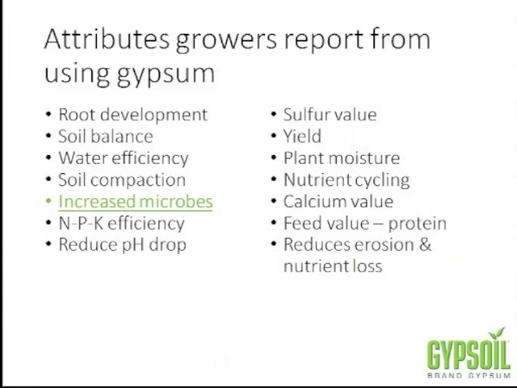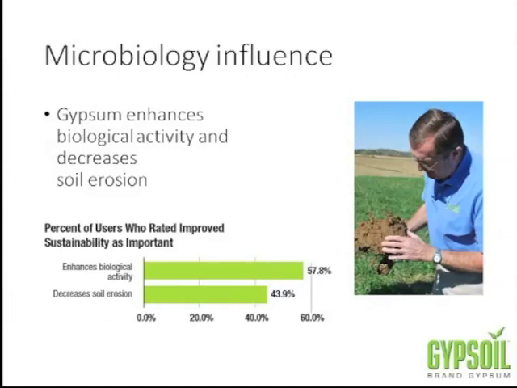I think we need to talk a little bit about microbes in the soil, because I think that ties right in with soil compaction. Soil biology plays a huge role in soils and what they can do. In the economic study that we did, 57.8% of the growers said that they saw enhanced biological activity in their soil.